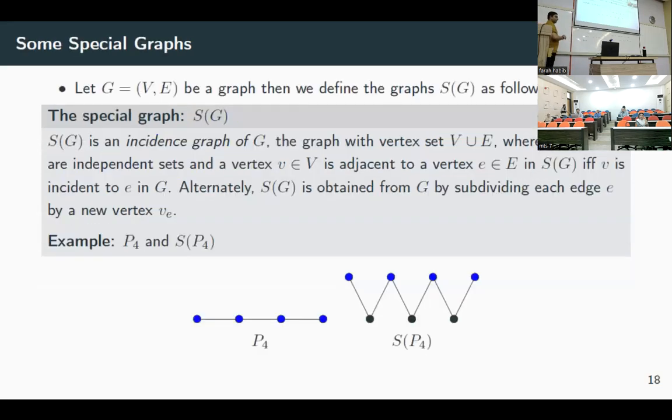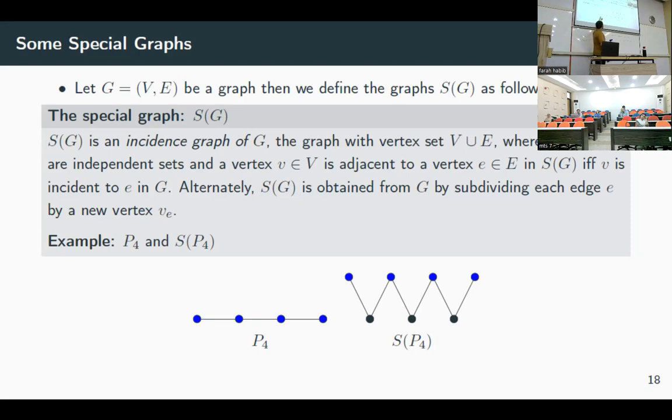Okay, so I will create two special kinds of graphs, and I will use these graphs later on in some result. For example, if I have this P4, so P4 is basically a line graph of 4 vertices, right? Every vertex is connected to the other. So we say that S of G, so if this is P4, then this is S of P4. So S of a graph for any given graph G is an induced graph of G. That is what we do for every edge that we find here, we create a vertex for that edge.